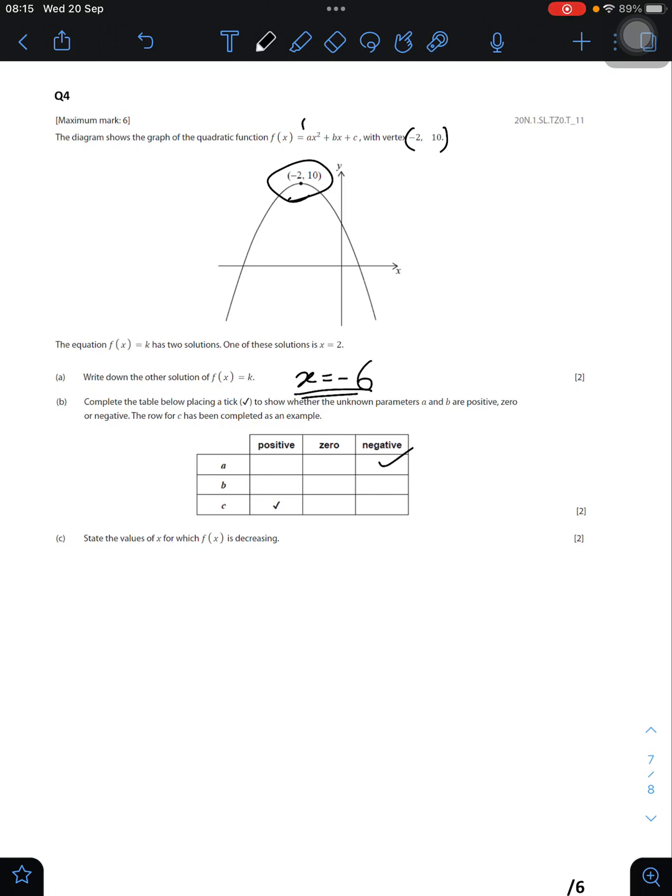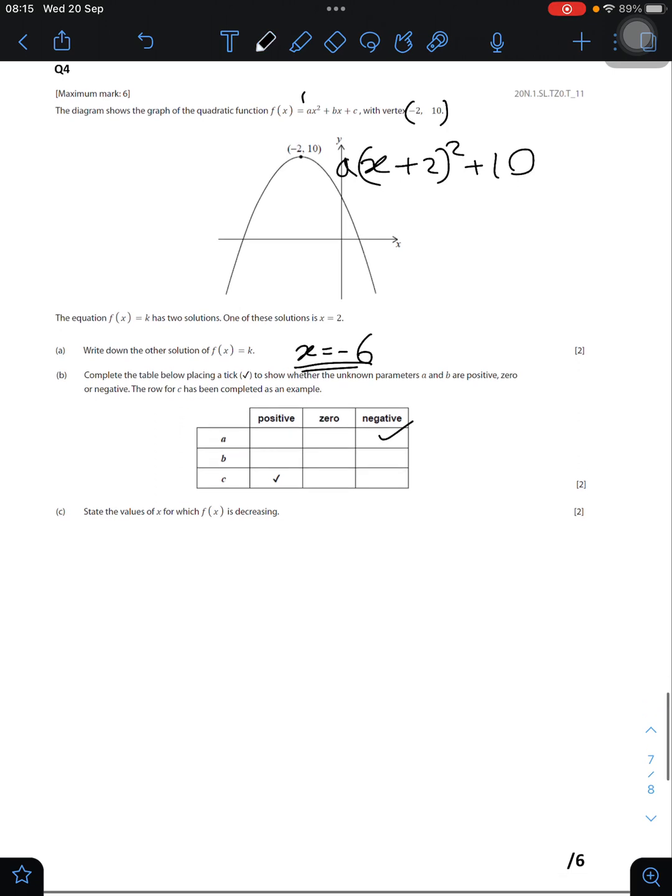Because we know our vertex here, we know that our completed the square form for this would be x plus 2 squared, plus 10. We don't know what A is, but we don't need to know what A is. All we know is that A is negative.